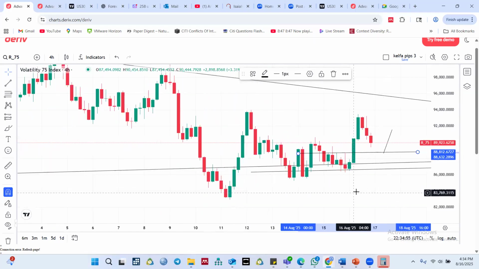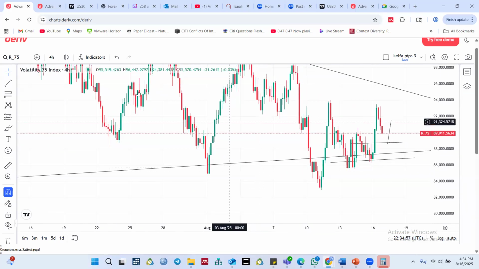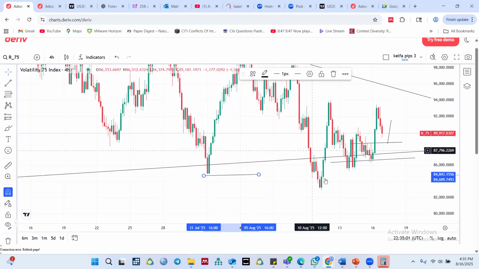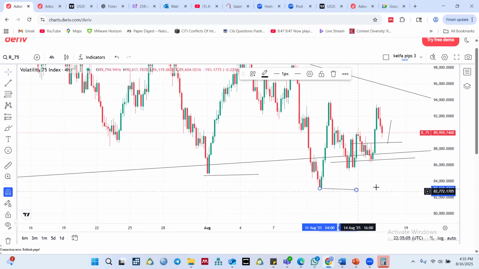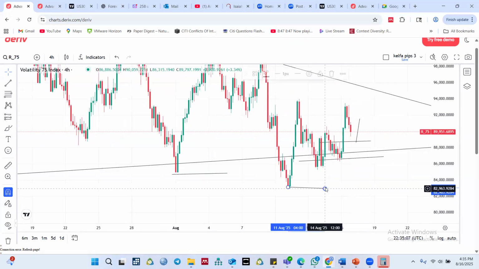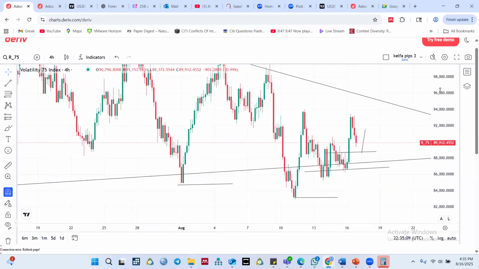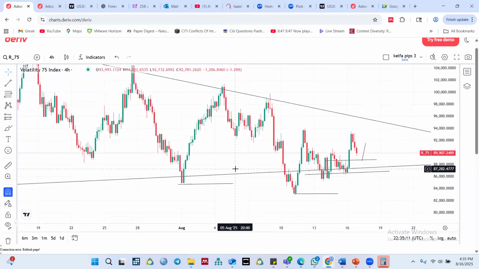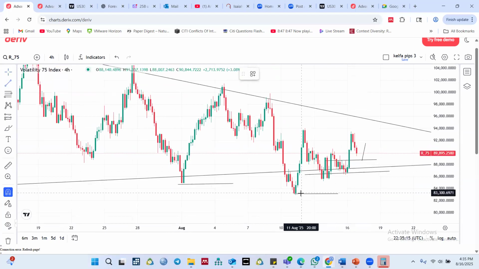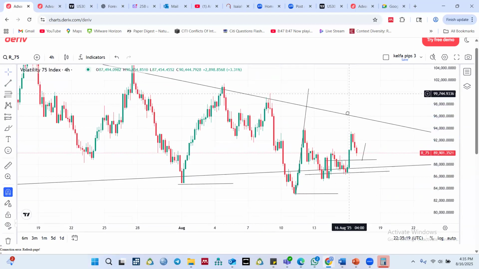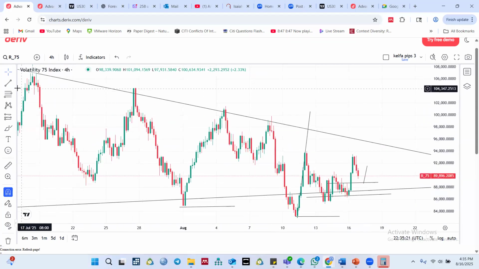The other thing is that we saw this previous low sweep taken by this move here. So what do we expect? We should see price move to shift structure. Where is the low?